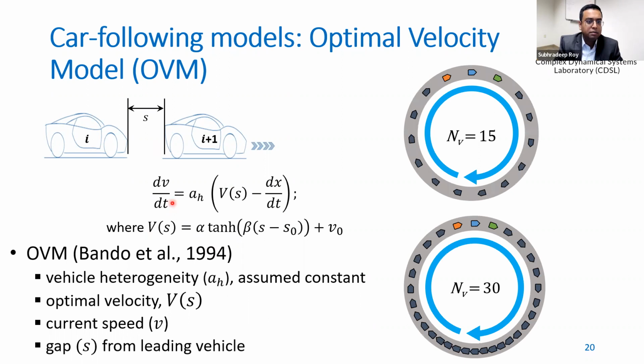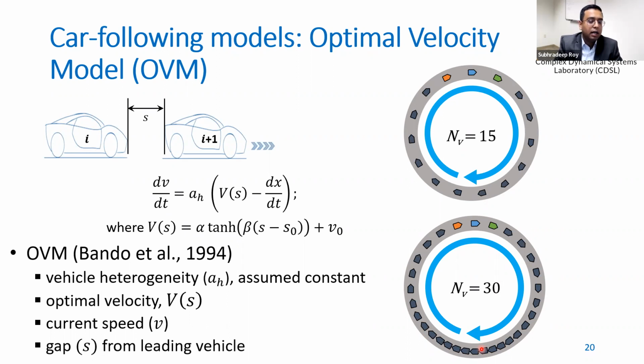Again, from this simulation model, we see when we have a number of vehicles less than 25, for example, 15, there is free flow. When we have 30 vehicles in the circular track, we see stop and go events start forming.